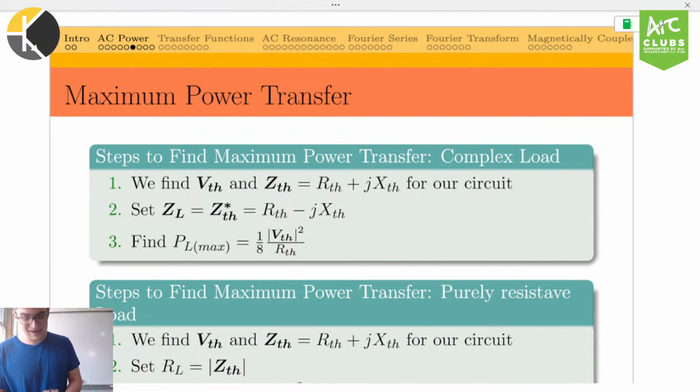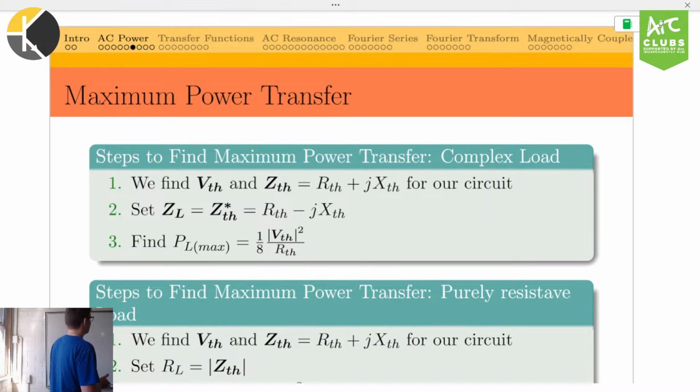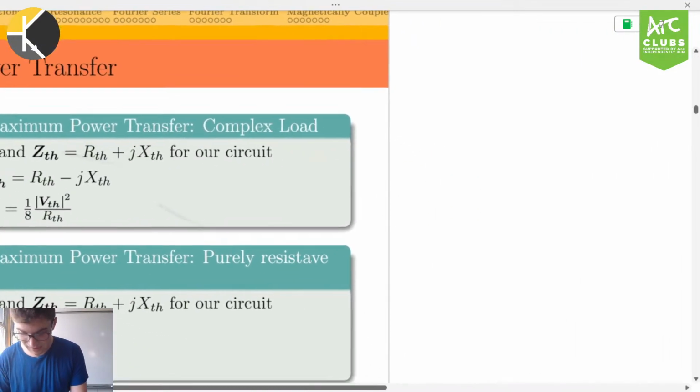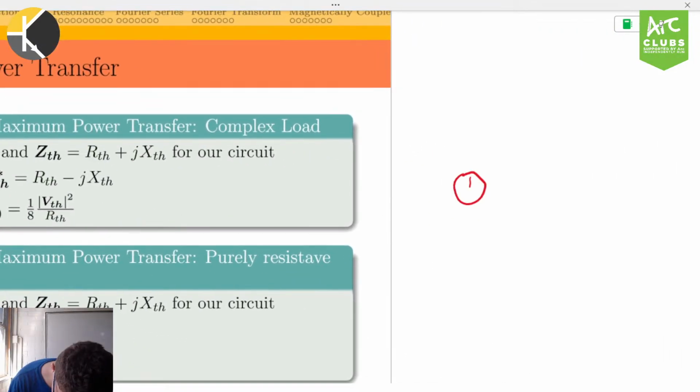Okay, here are our steps, right? Everyone remembers V Thevenin and Z Thevenin from ELEC Pod 1. So exactly the same as that, right? For the first step, we just have to find V Thevenin, Z Thevenin. The next thing we do, so if we have a circuit here, we found our V Thevenin, our Z Thevenin.